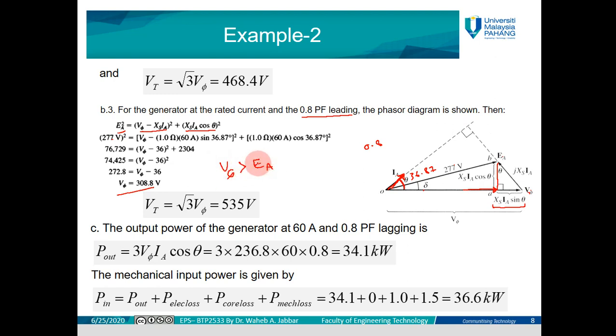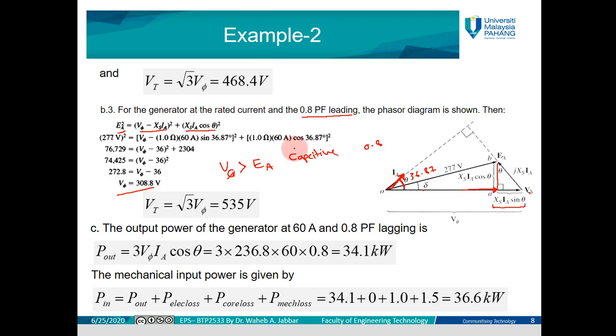That means the voltage that we are going to take from the generator will be higher than the generated voltage by the generator itself. The extra voltage here comes from the load, the capacitive load. The capacitive load will give you the extra voltage, or will compensate or boost the voltage of the generator.